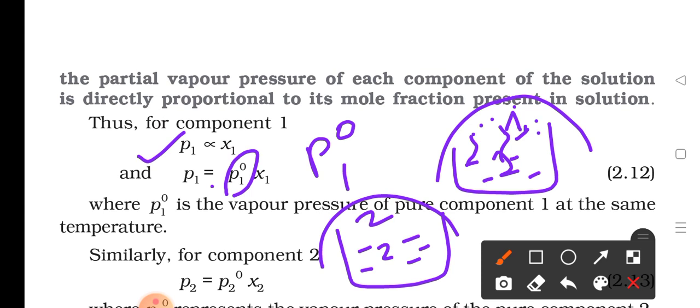So the vapor pressure of liquid 1 is the purest, only for liquid 1.